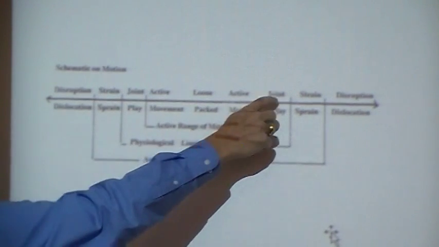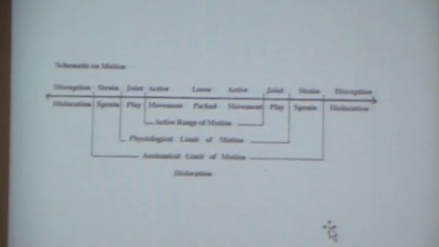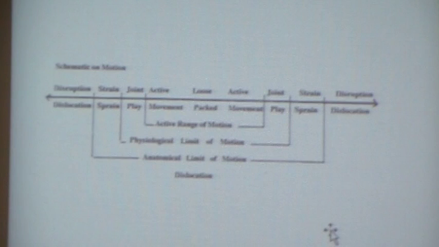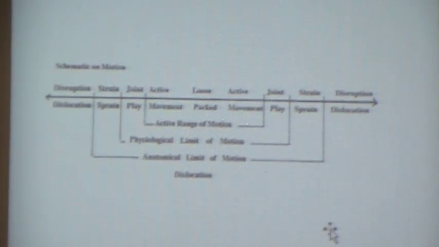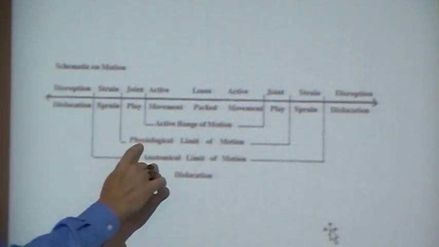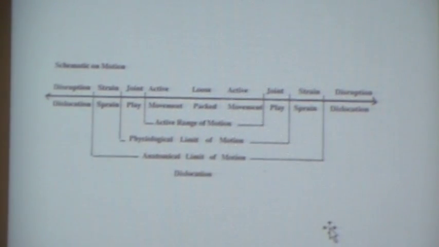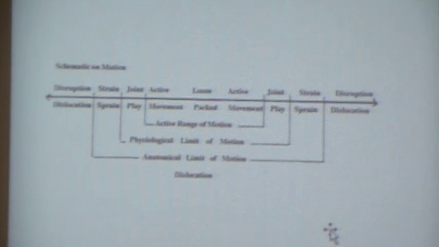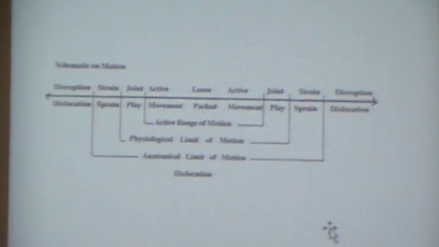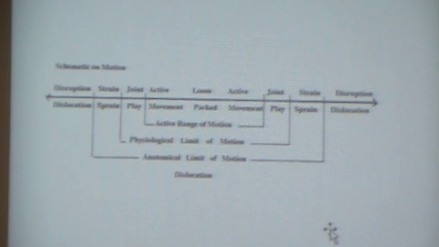Joint play, we'll consider for our purposes the same as accessory motion. Okay? So that's that extra bit of motion that we can gain by doing a glide, if you will. Okay? That is what we call our physiological limit. So that's all that you're really going to get out of a joint by you working on it.